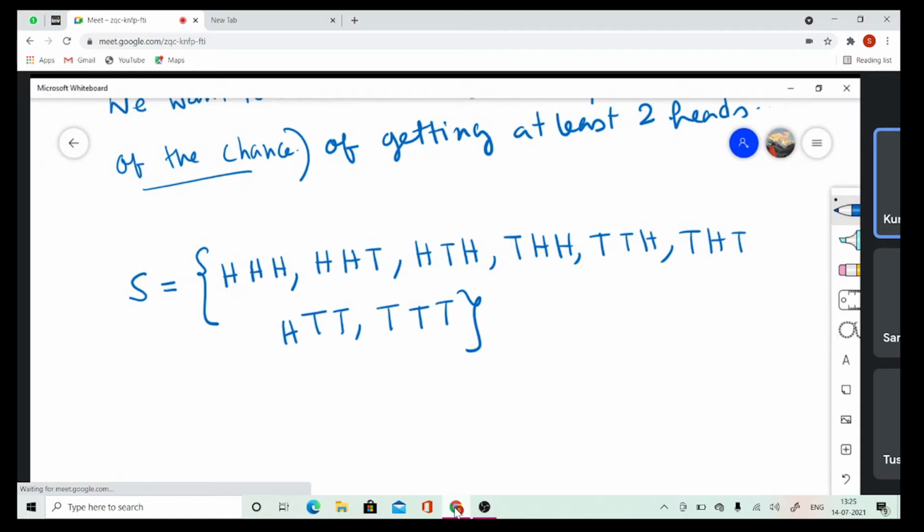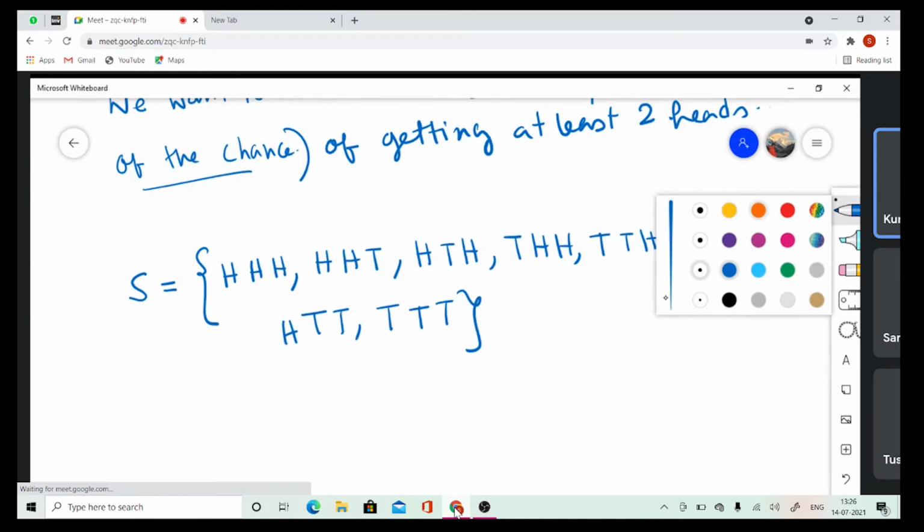And we are looking for the event or events where we have at least 2 heads. Then basically inside this sample space we have a favorable zone, or a zone where we are interested. I am marking the favorable events with red.